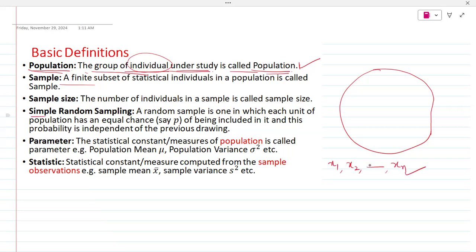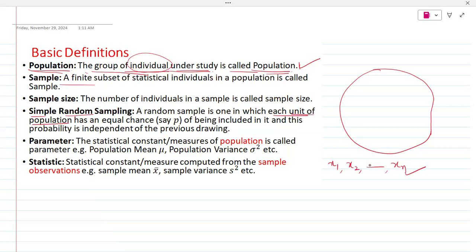And in simple random sampling, I had discussed that a random sample is one in which each unit of the population. Now you can see this wording, each unit of population.